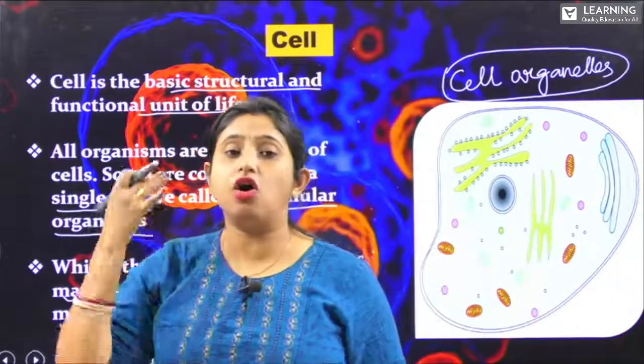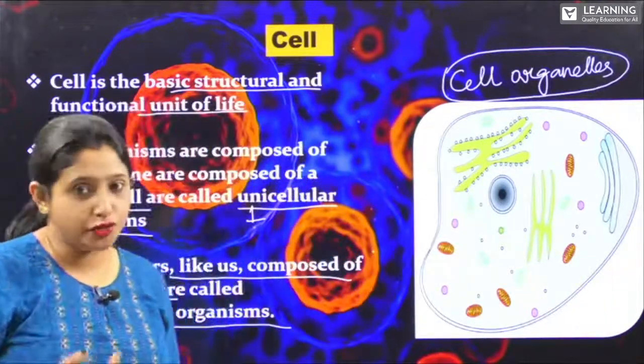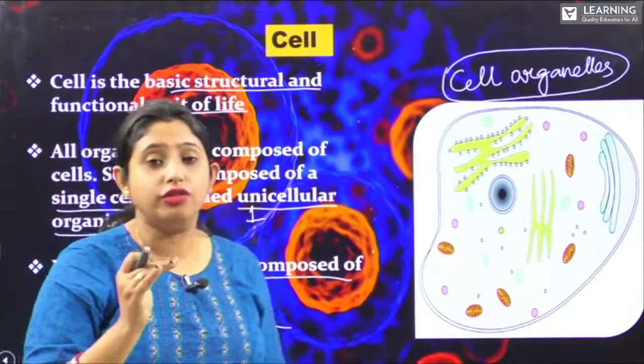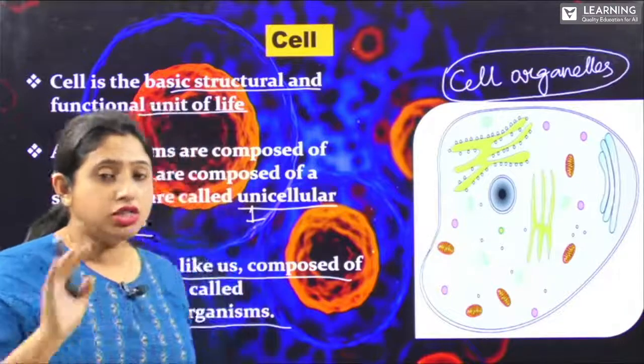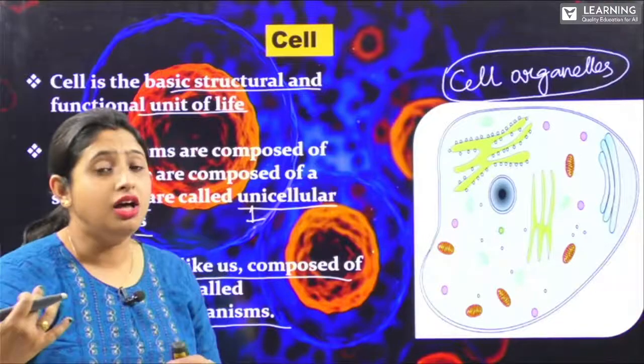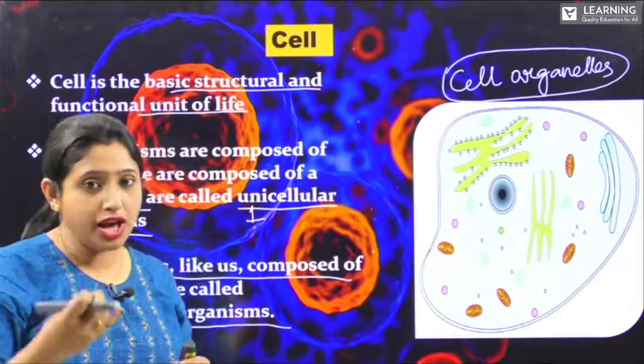These are all the cell organelles which we'll find inside the cell. When we look into the cell, first we will see the outer layer. Some cells have a cell wall, whereas some cells do not.